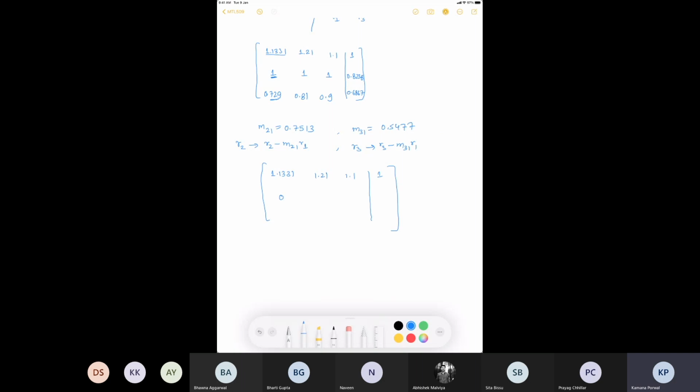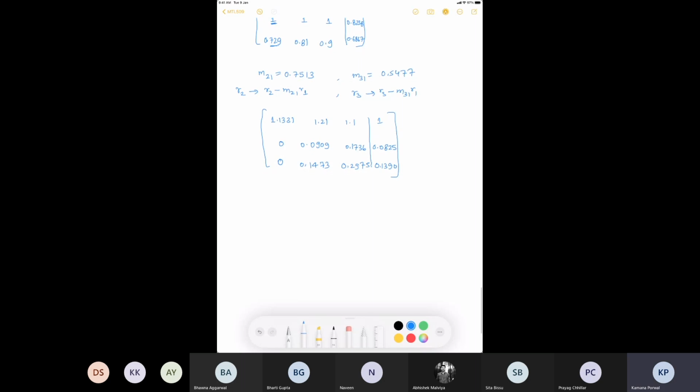In the second equation, this entry will be 0, and after simplification the other entries are 0.0909, 0.1736, and 0.0825. In the last equation as well, this entry will be 0, and the other entries are 0.2975 and 0.1390.